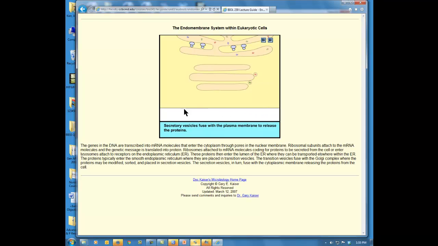So we'll see those proteins go to the surface of the plasma membrane. Again, exocytosis, it enters into the fluid outside the cell, and that protein is off and on its way to do its job. So that's how the rough ER, the ribosomes, and the Golgi apparatus work together to manufacture proteins.